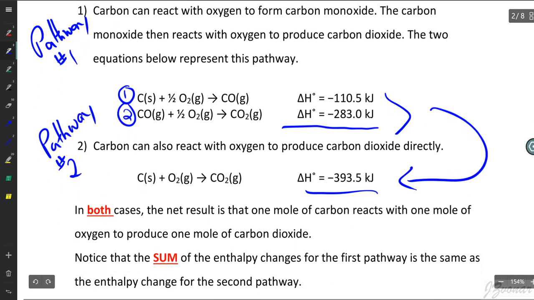Thus, in both cases, the net result is that 1 mole of carbon reacts with 1 mole of oxygen to produce 1 mole of carbon dioxide. So the sum of the enthalpy changes for the first pathway is identical to the enthalpy change of the second possible pathway.